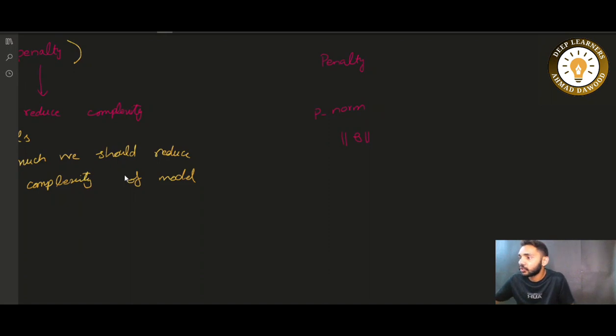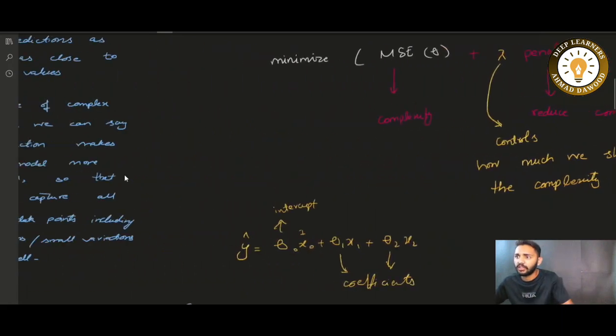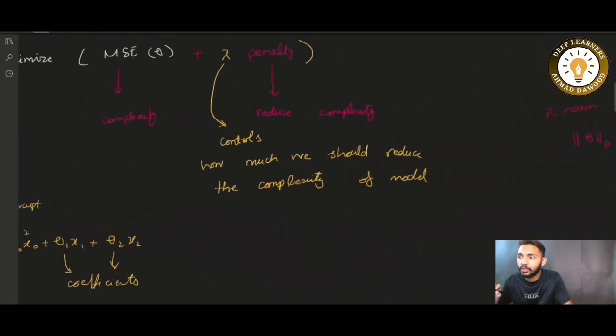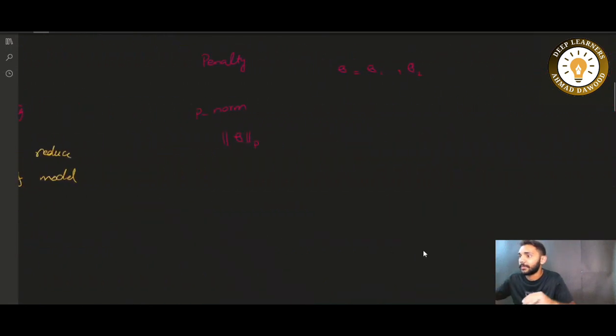Here, if you want to see how the p norm works for your theta, let's say you have two coefficients, theta 1 and theta 2. We are not considering the intercept.